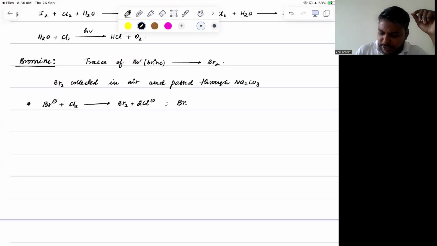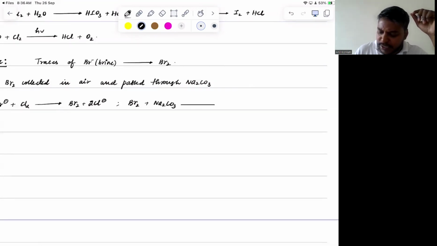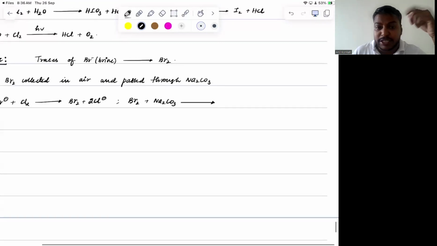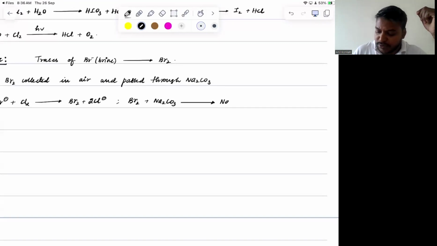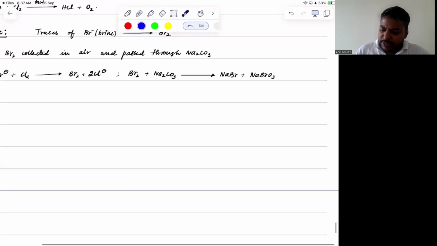And this Br2 we are adding to Na2CO3, which is basic in solution. In basic medium, bromine will undergo disproportionation. So it will become NaBr plus NaBrO3. Got it? NaBr and NaBrO3. Now, what happens once you get this form?